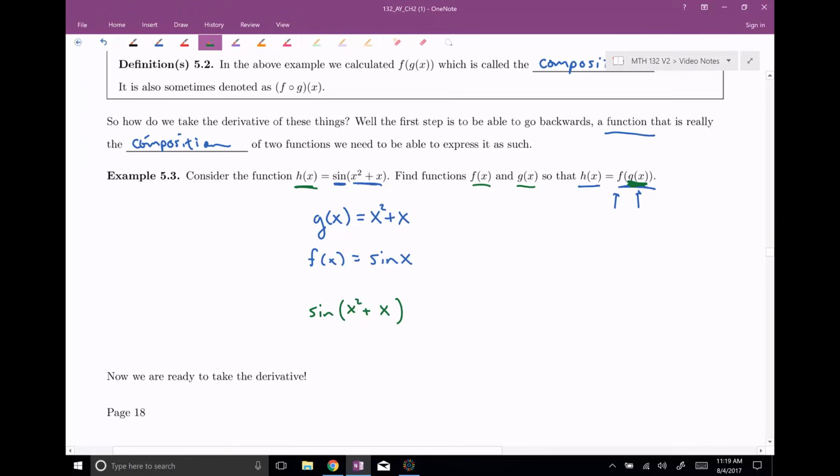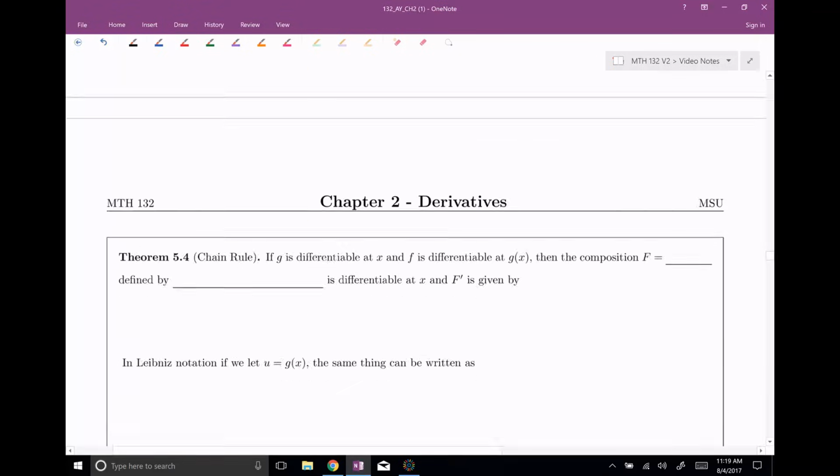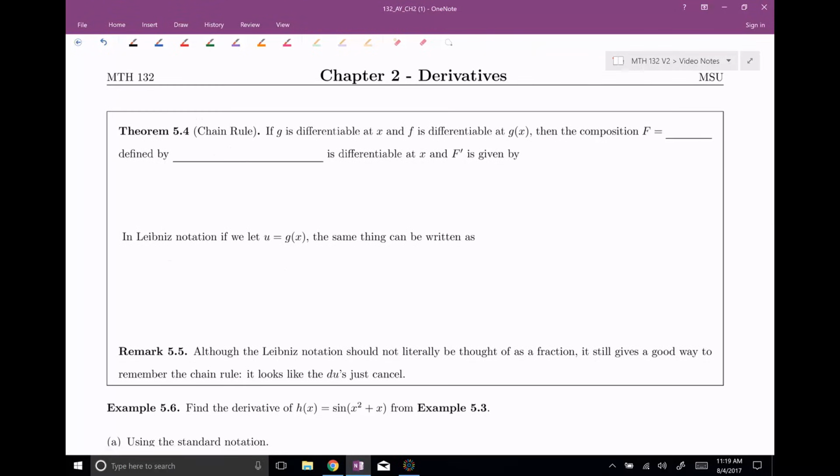All right, now that we can go in this backwards direction, that is, identify compositions and what they're made up of, we want to be able to take the derivative. And so here it is, theorem 2.5, called the chain rule. This deals with compositions.